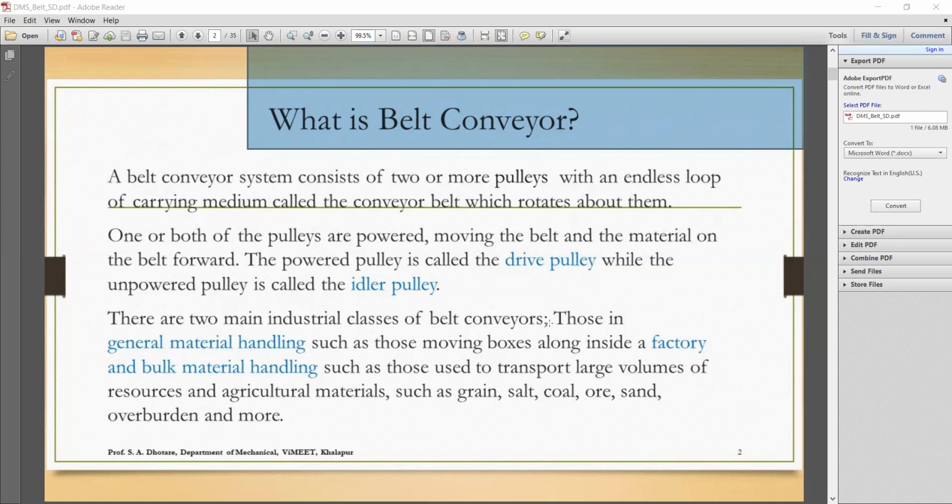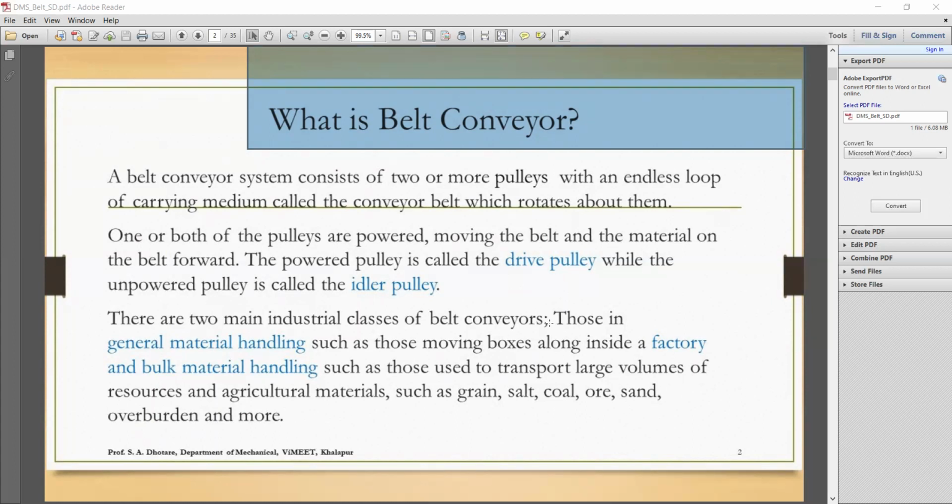General material handling, which is normally used for moving boxes, or low weight material. And the second one is bulky material, such as large volume agricultural materials, grain, salt, coal, sand, etc.